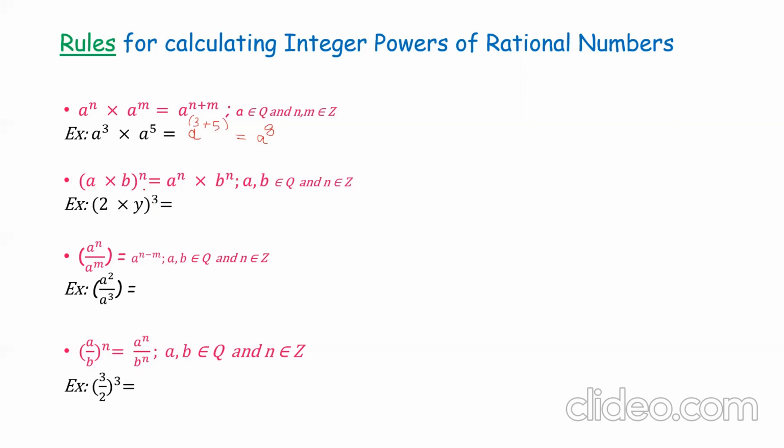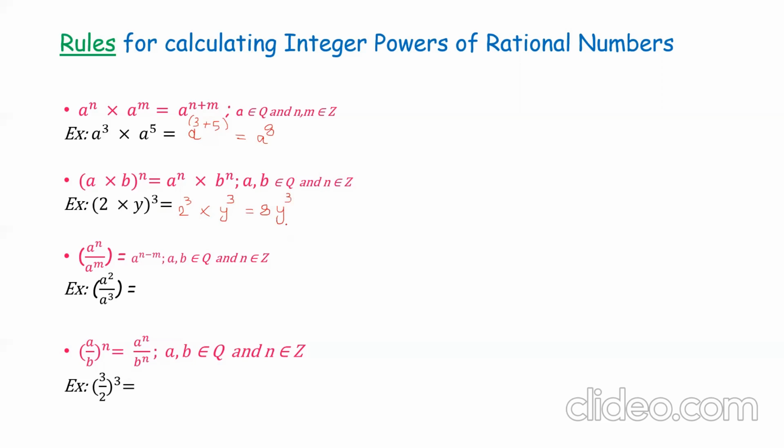Applying the previous rule here, the result will be a to the power of n, which is 2 to the power of 3, multiplied by b to the power of n. In this case, b is equal to y, so it's y to the power of 3. And this will give us 2 to the power of 3, which is 8, multiplied by y to the power of 3. So this is the second rule.